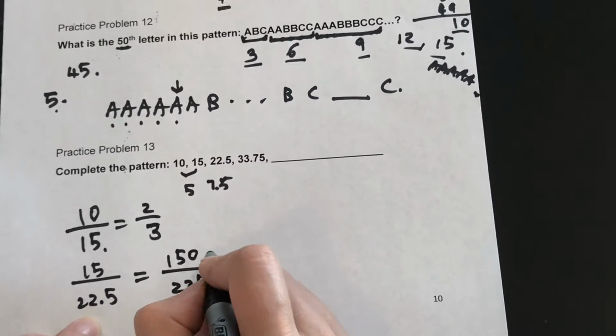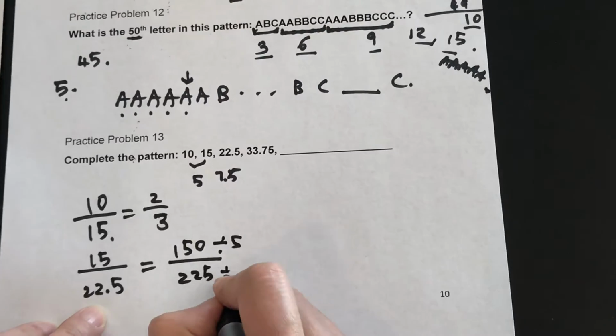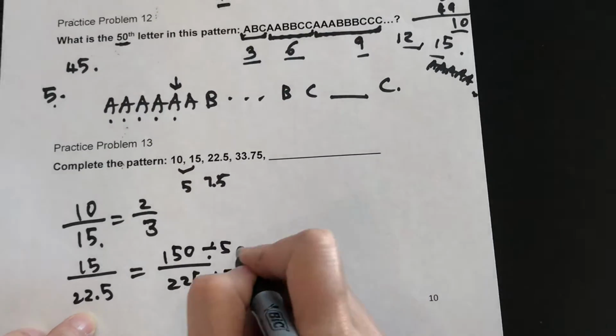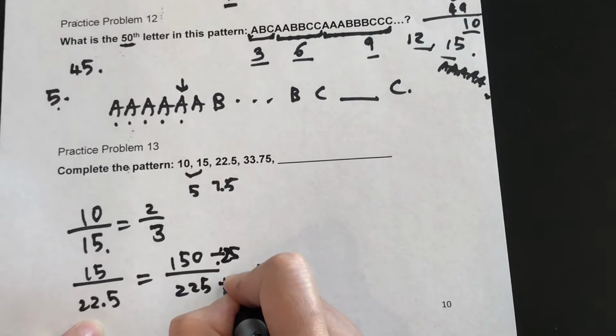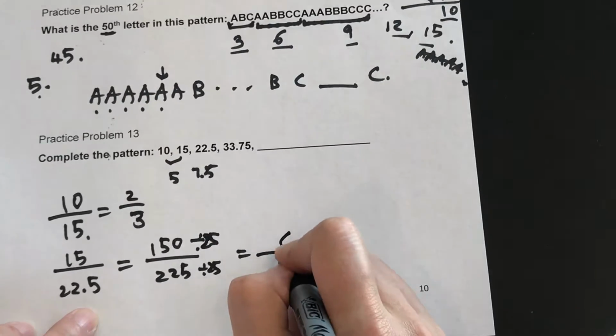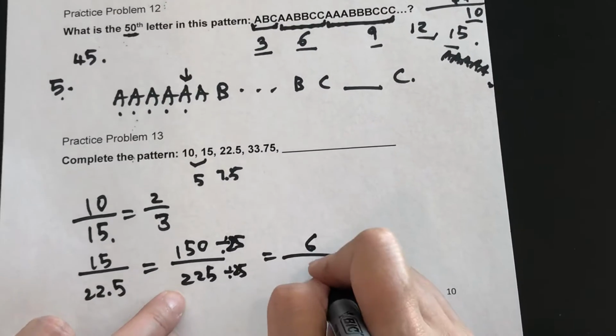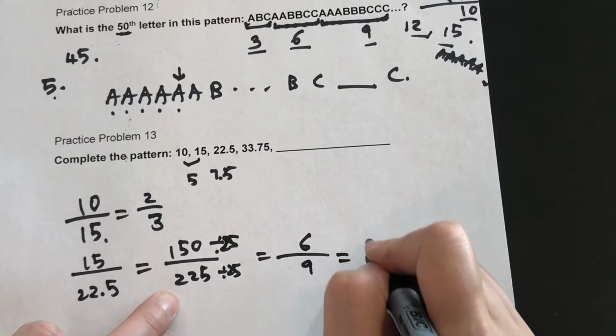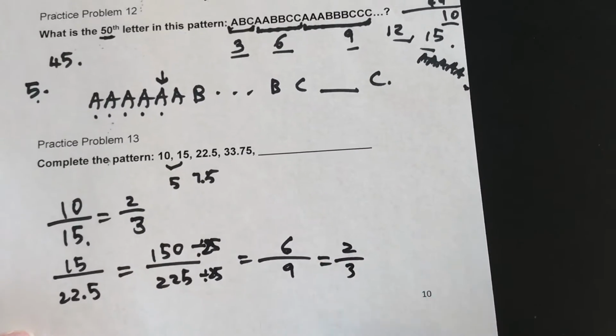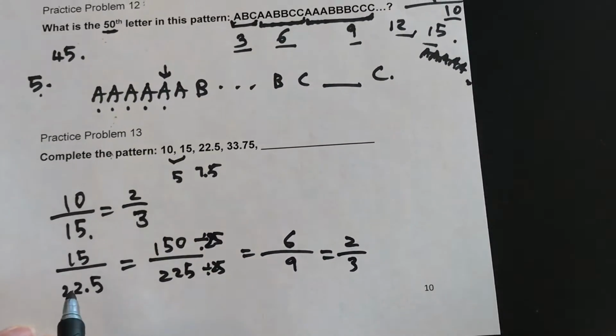Then it's easier. Then we can divide by 5 from top and bottom, or divide by 25 from top and bottom. So this is 6. This would be 9. So divide by 3 again, that's 2/3. Okay, good. So the ratio is the same.